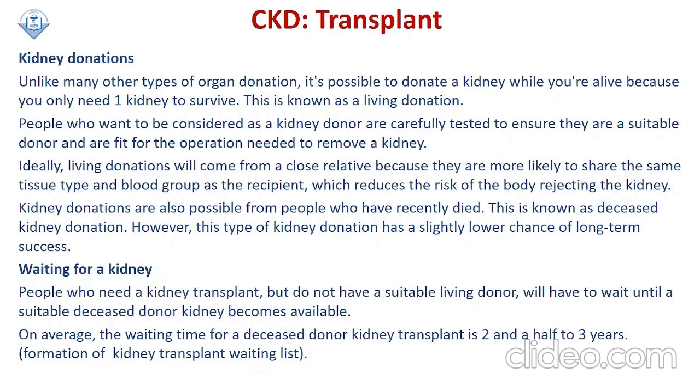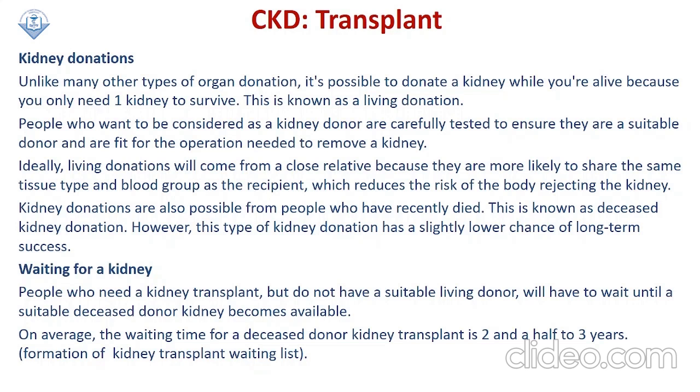Kidney donations are also possible from people who have recently died. It's also known as deceased kidney donation. However, this type of kidney donation has a slightly lower chance of long-term success. People who need a kidney transplant but don't have a suitable living donor will have to wait until a suitable deceased donor kidney becomes available.